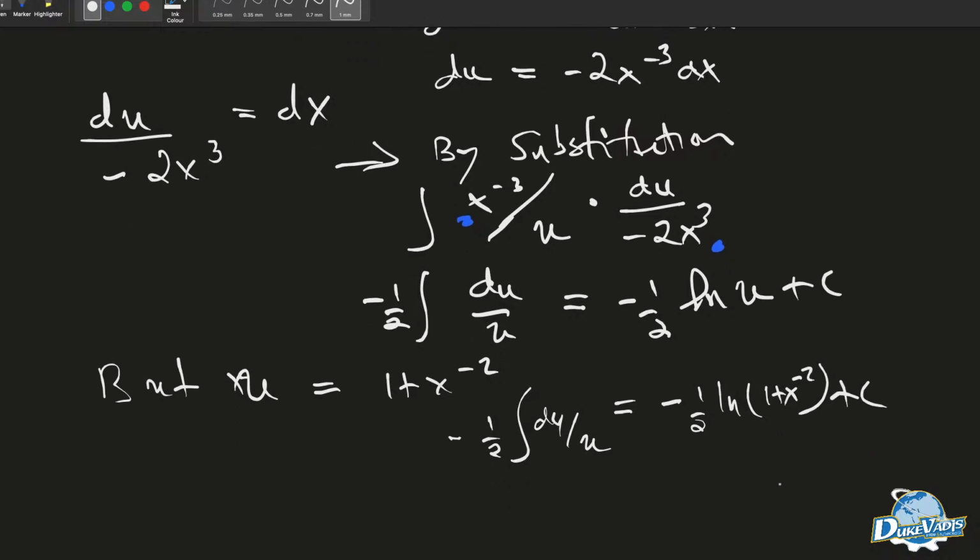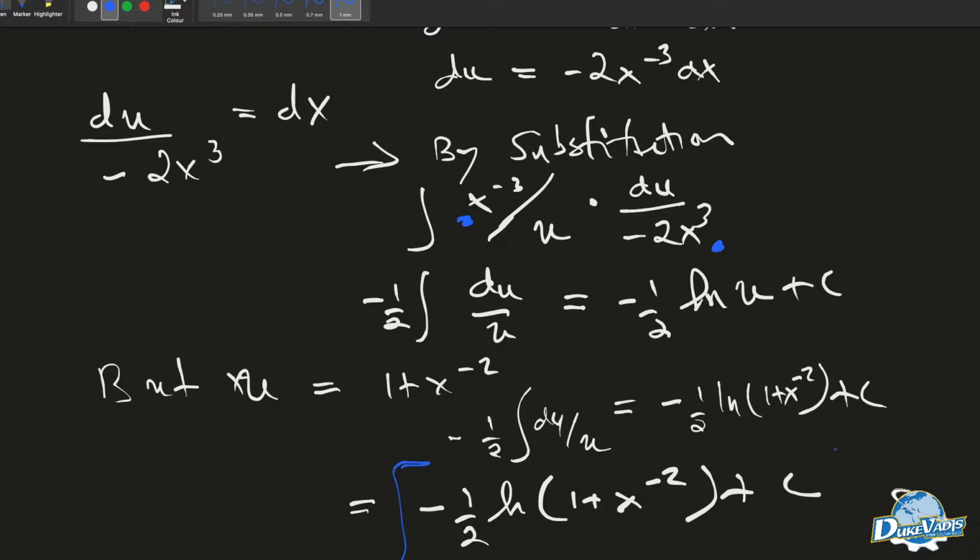Okay, so this is the integral. So our integral is now minus half natural log of bracket 1 plus x raised to the power negative 2 plus c. So this is the solution for this integration.